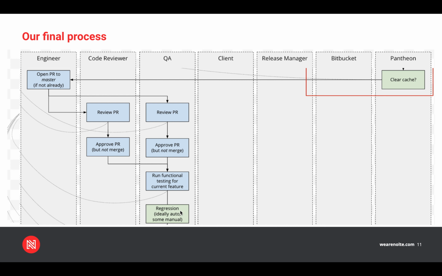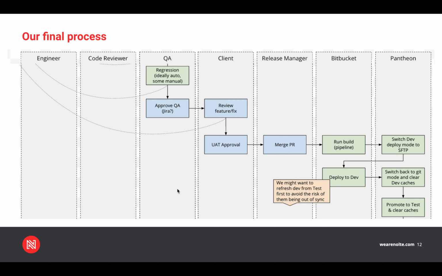Then regression, ideally automatically, and some of them manually. Finally, approve QA. We have here some questions that I'll detail after this. Then the client will be able to review the feature fix in the multi-dev environment, and then will approve this feature fix. Once approved, the release manager will merge this PR to master.